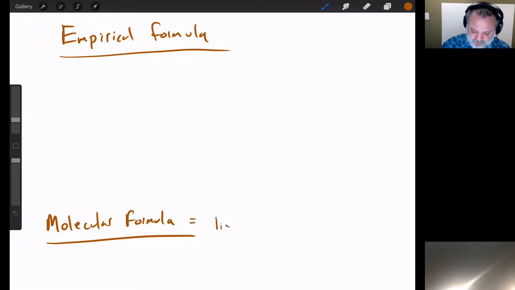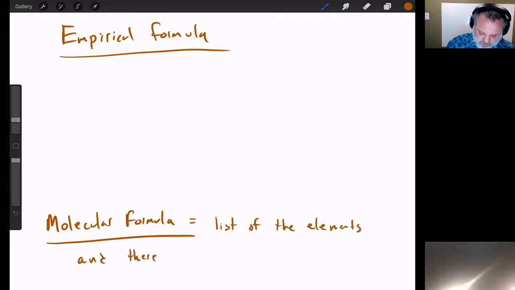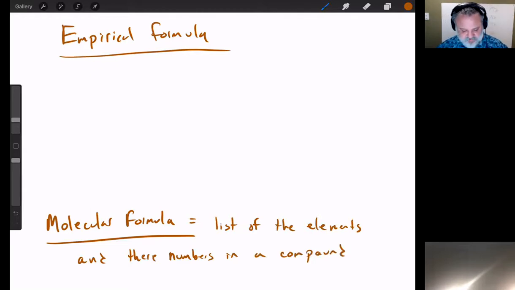I think you'll see that it's just the list of the types of elements and their numbers in a compound. Does that fit the definition we've been using so far? We didn't specifically define it before, but that's what we've been using.